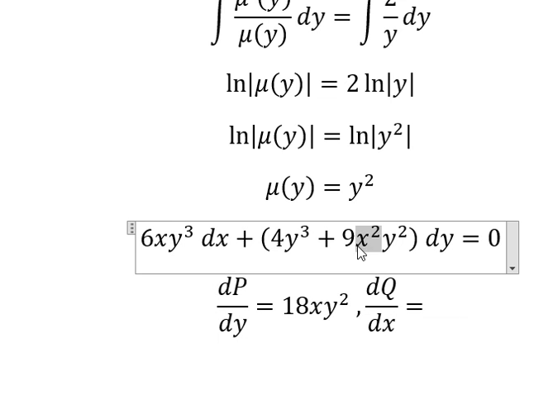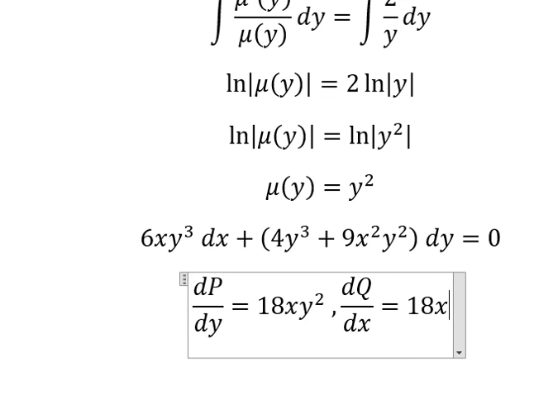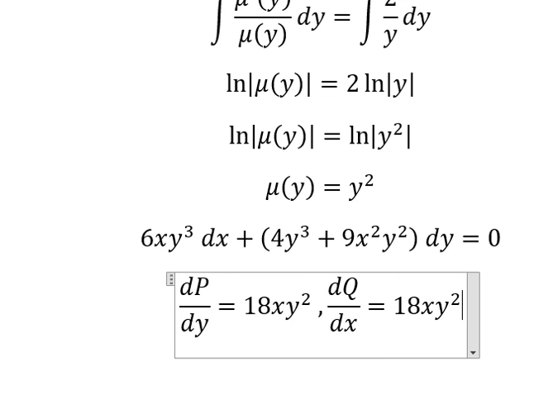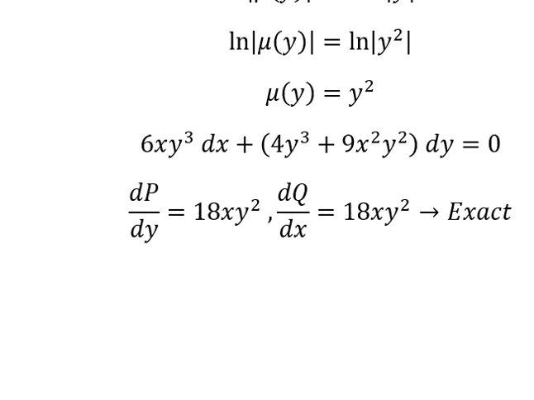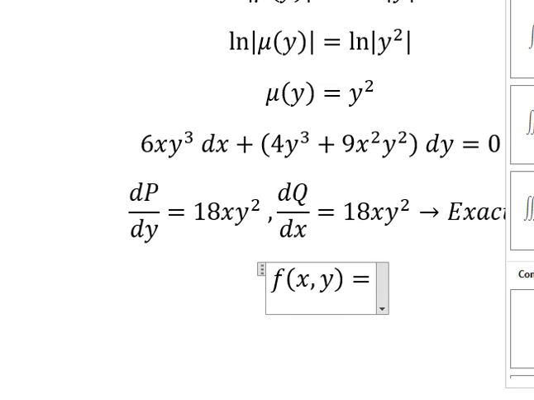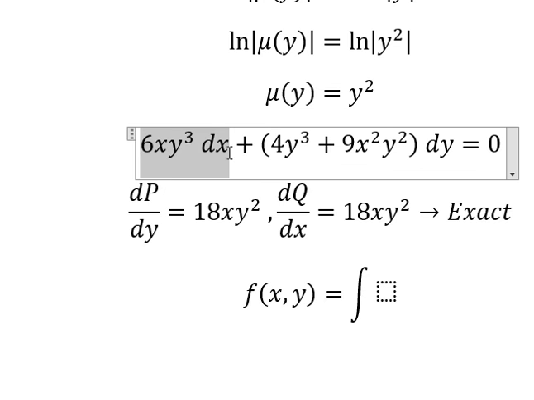First derivative of s squared, we have 2s, number 9 and number 2, we have 18. And we see that we have the same, that is exact. Next, I need to set up the function f(s,y). f(s,y) equals the integration of this one.